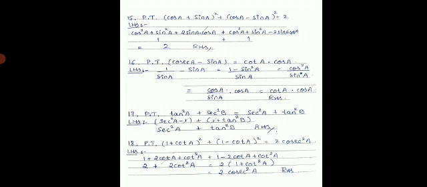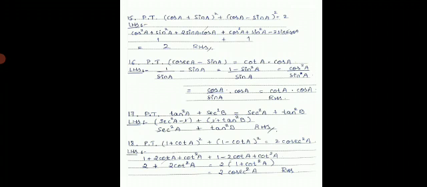Vice versa, you will get the answer as it is. Now tan²A is nothing but sec²A − 1 and sec²B is equal to 1 + tan²B. And here minus 1 and plus 1 will get cancelled. You will get the required answer in the next step.